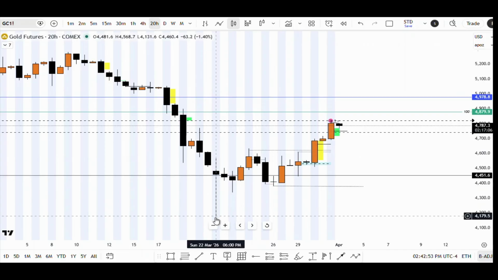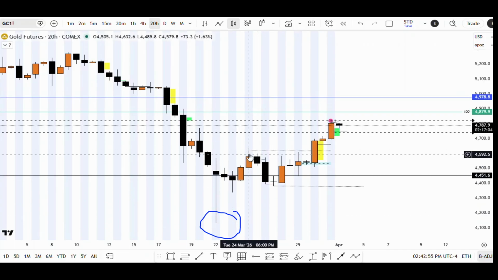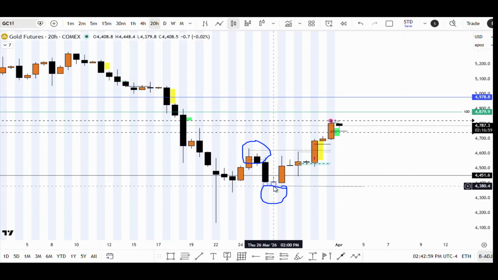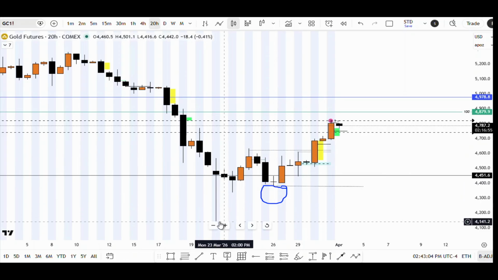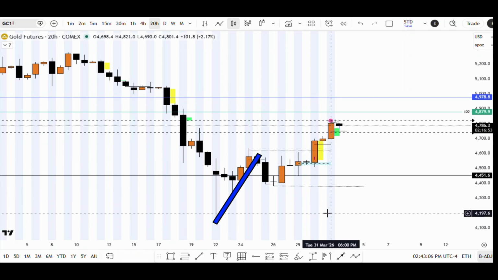So we have this level here, which is point A. We have this level here, point B. We have this level here, point C. The first part, which is this part, is your direction or your impulse, your A to B leg.